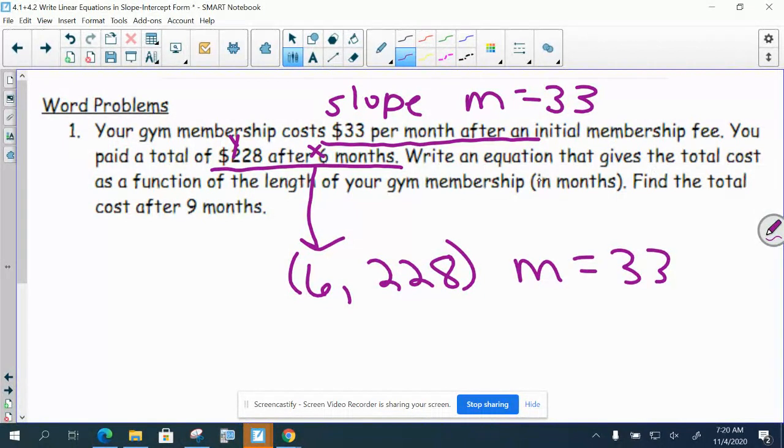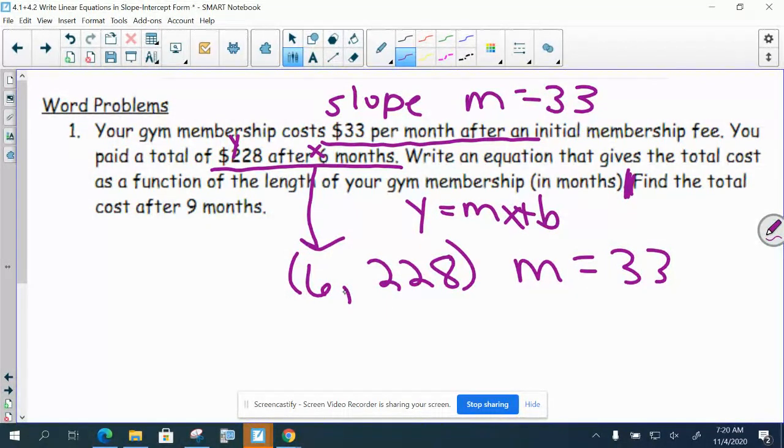Write an equation that gives the total cost as a function of the length of your gym membership in months. That means the months is the x and the total cost is the y. This is the second part that we'll answer later. Essentially you want to write an equation in y equals mx plus b, just like our first example.